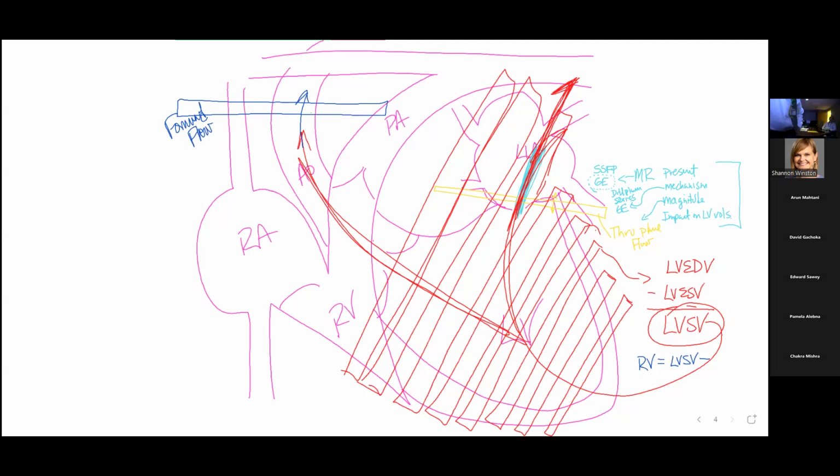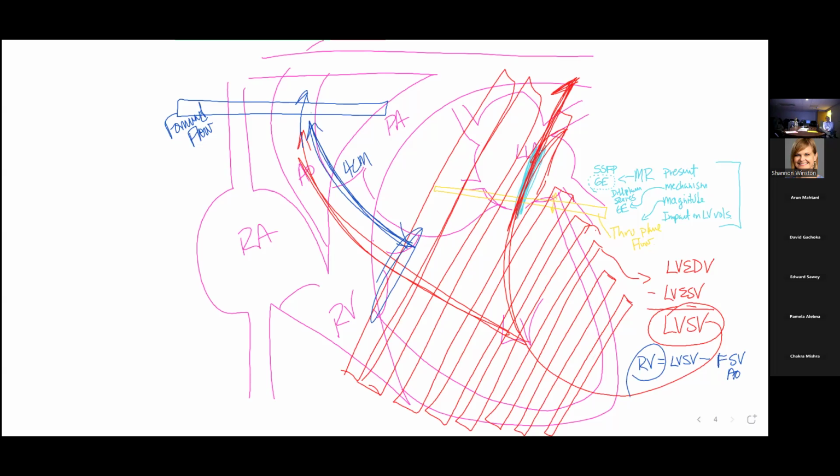And generally to do that, you want to be 4 centimeters away from this aortic annulus. Okay? So very nicely, you can calculate the regurgitant volume and the regurgitant fraction.